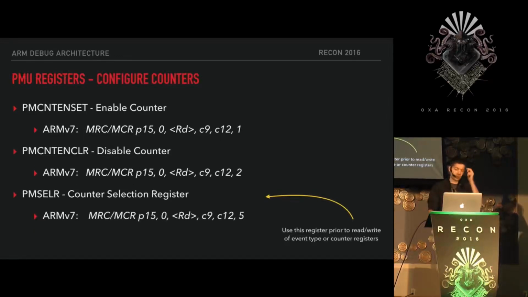There are registers for enabling. Once you turn on the PMU, you have to enable a specific counter, so you would write the appropriate bit offset to turn on the various counters or turn them off. And then finally, there's a counter selection register, where you tell the PMU, from this point on, I'm going to be referring to this counter.